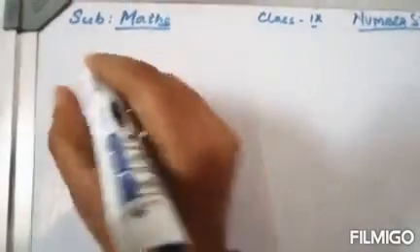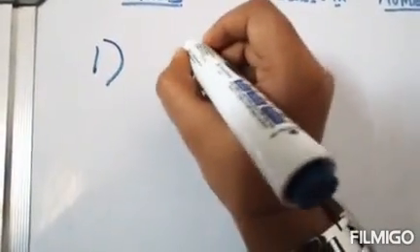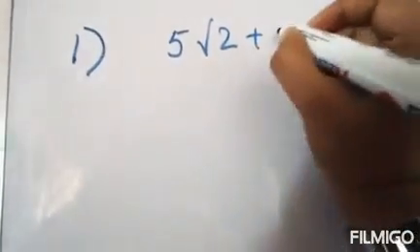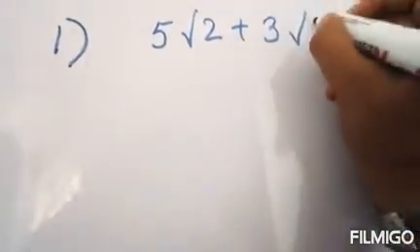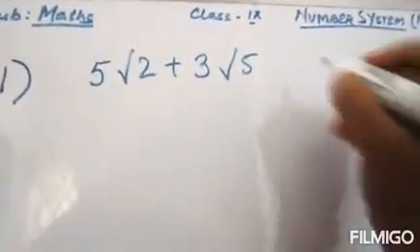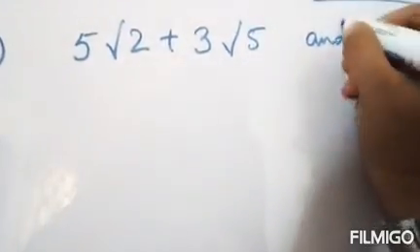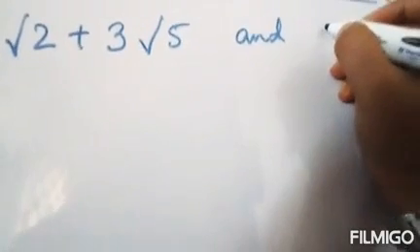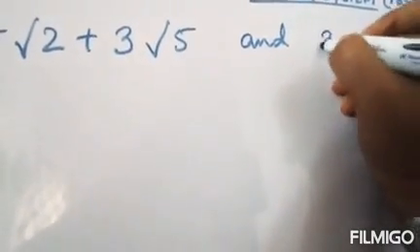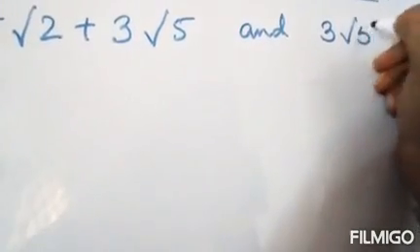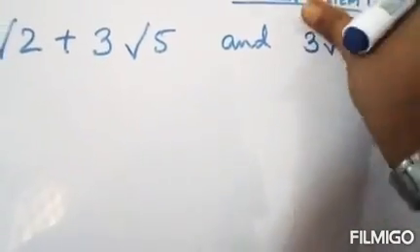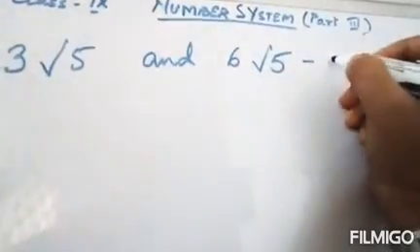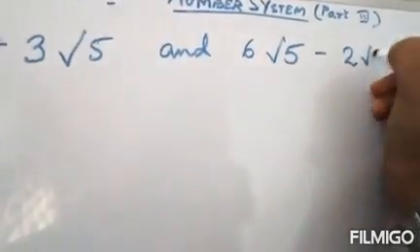Now let's solve some problems. Suppose I have been given one number as 5 root 2 plus 3 root 5, and another number as 6 root 5 minus 2 root 2.